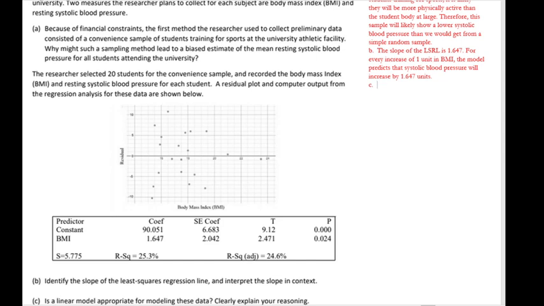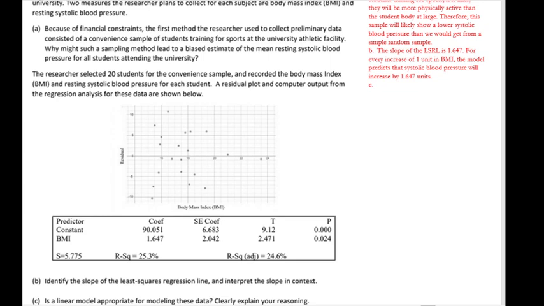All right. Next, it's asking if a linear model is appropriate for the data and to explain the reasoning. So looking at this data, the place to look for whether a linear model is appropriate or not is going to be on the residual plot, and we are looking for, is there a pattern?